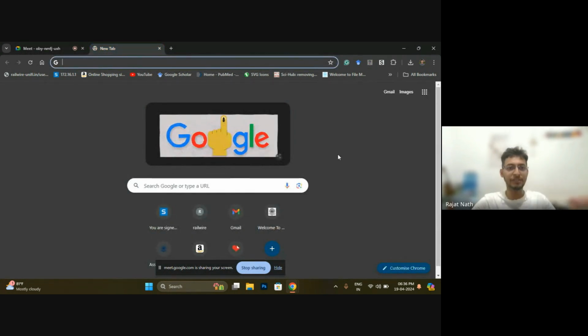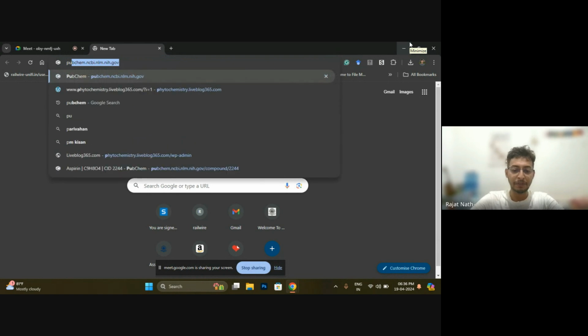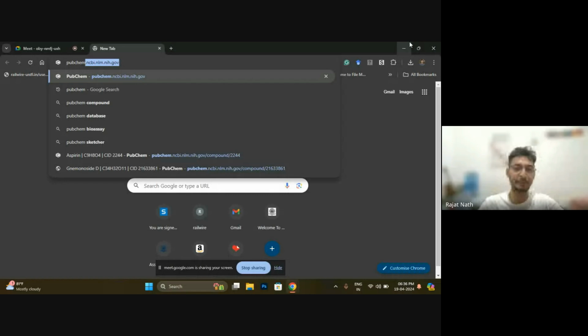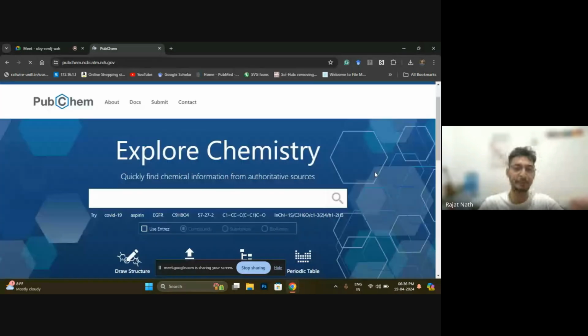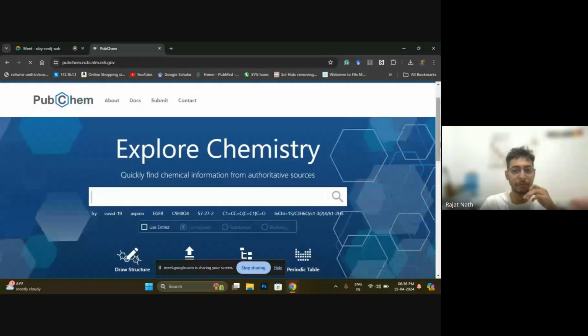So, first of all, we retrieved the ligand structure from the database. The database was PubChem. We write the name of our compound here. Yesterday we tried using aspirin.